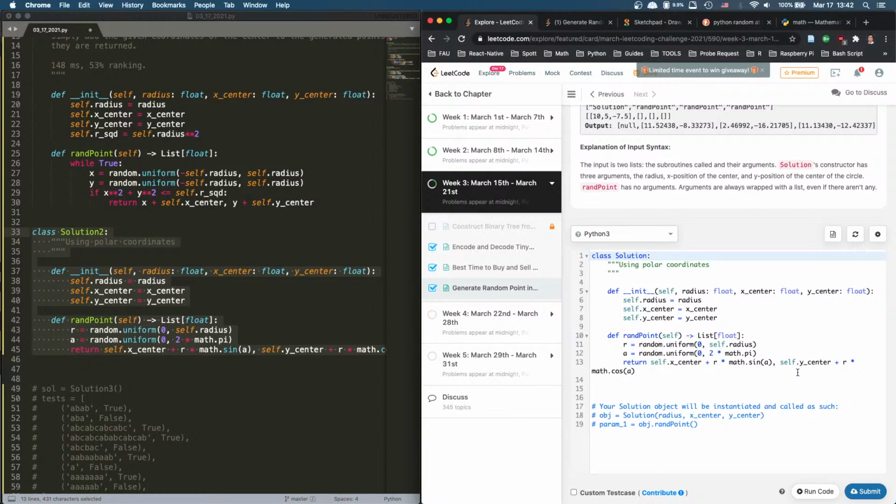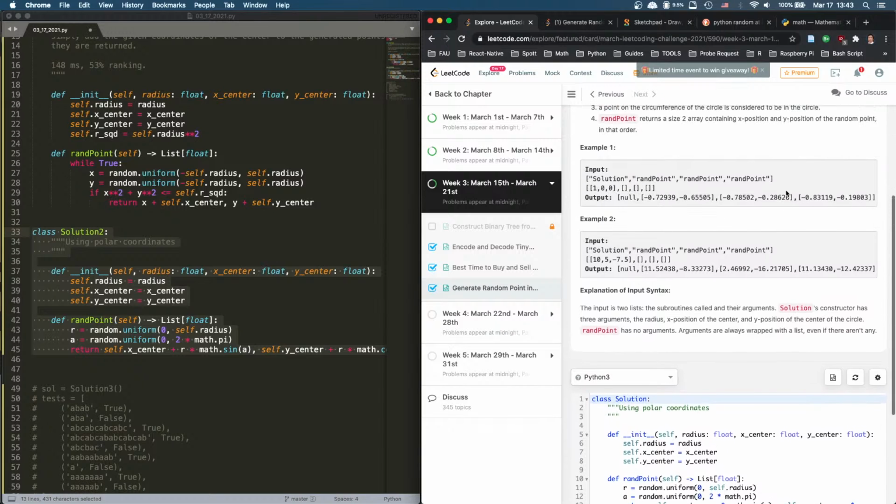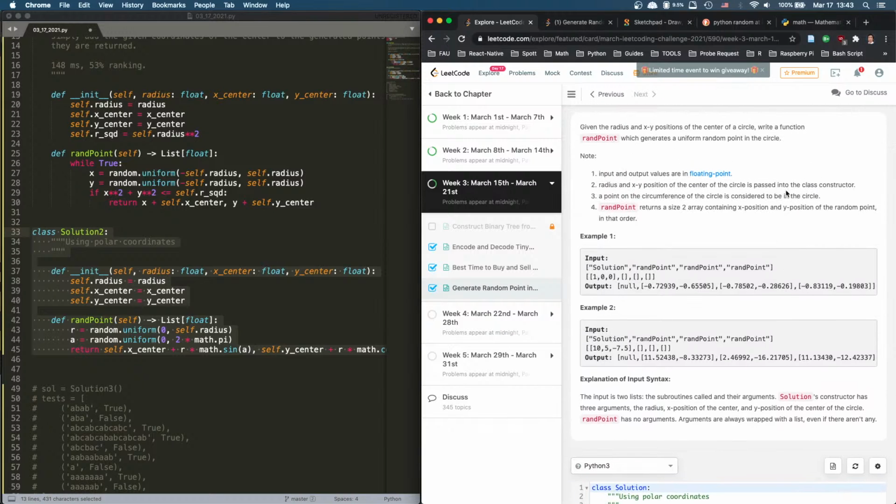I mean, if r is the radius, is it now uniformly distributed? Huh. That's interesting. Why is that not uniformly distributed? Think about it. So what we're saying is we're going to pick a random r.